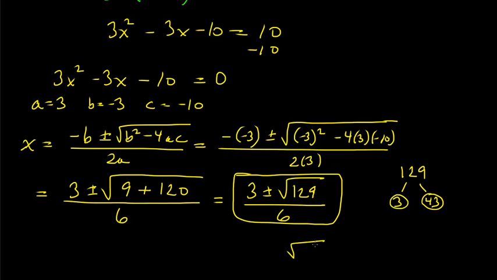So yes, we could split up the square root of 129 as the square root of 3 times the square root of 43, but neither of these are perfect squares, which means there was no point in doing that. We'll just leave it like this, right? Again, it's a good idea to check, but in this case, it turned out not to be necessary to do that.